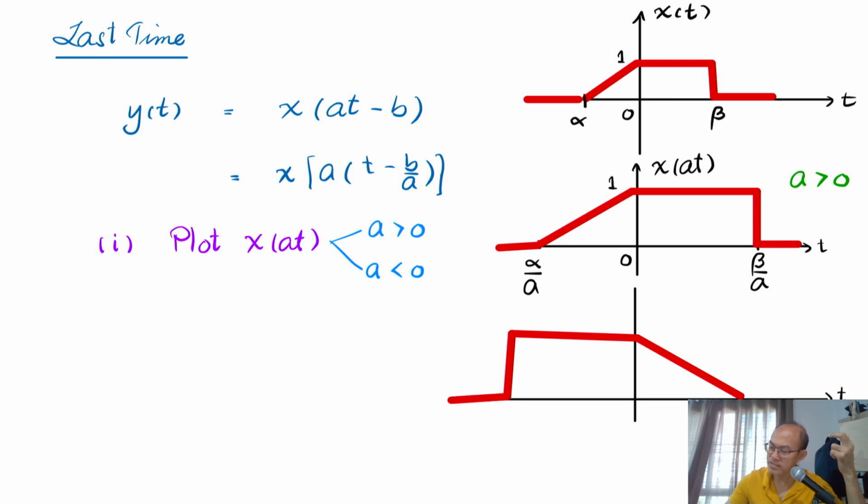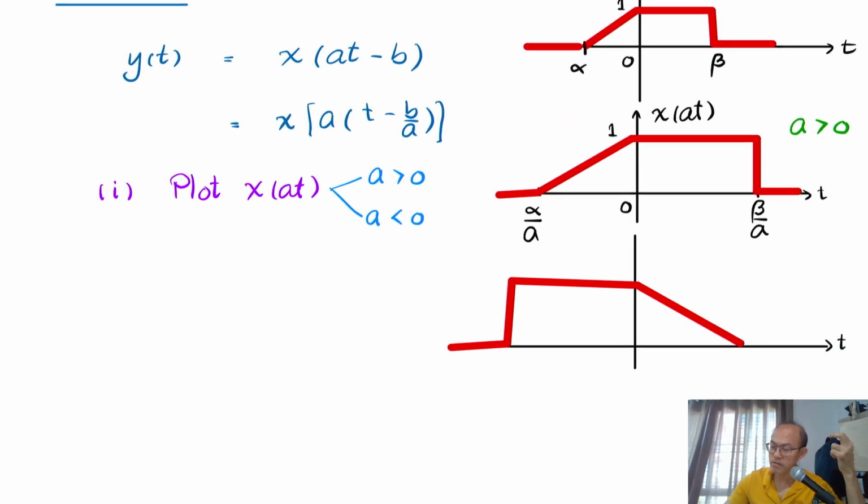Because when a is less than 0, then alpha over a would have the other sign. If a is less than 0, then minus alpha over a would become positive.